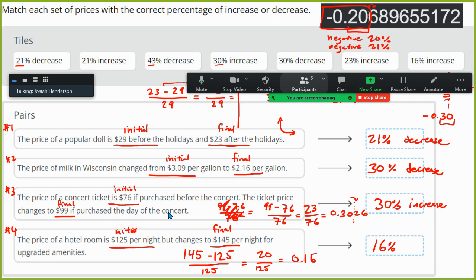That's one way to figure out if it's growth or decay, increase or decrease. Another clue that we can use, when you find the percent change, is it positive or negative? We found 0.16. It's positive, right? It didn't have the minus sign, the negative sign. Because this is positive, that's our clue that this is an increase, 16% increase.